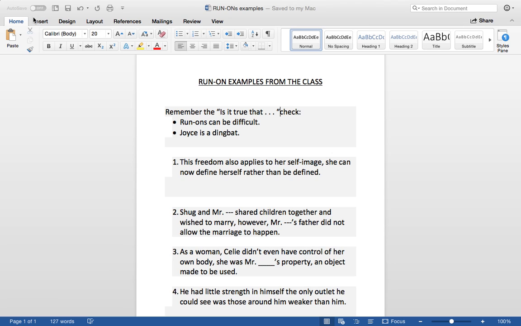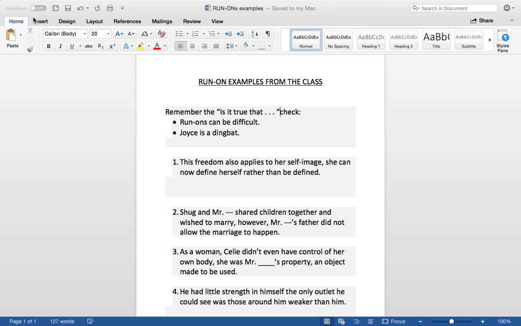So you can have a fused sentence, which is 2 sentences run together with no punctuation anywhere. And you can have a comma splice, which is what most students do. They'll have 2 complete sentences run together with just a little comma in between, and the comma just can't do that job.